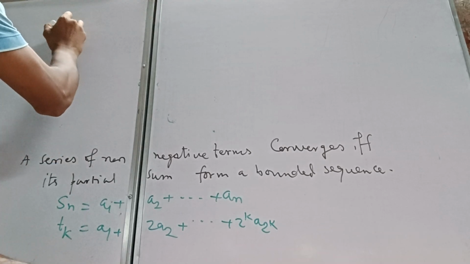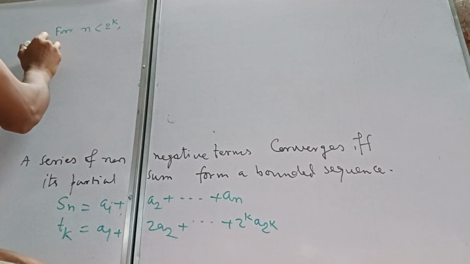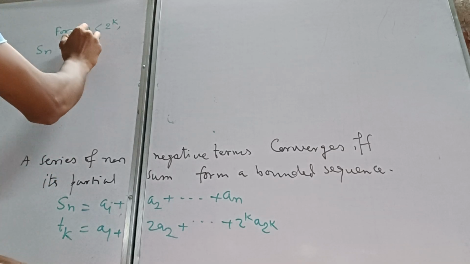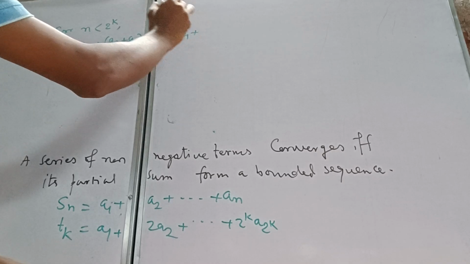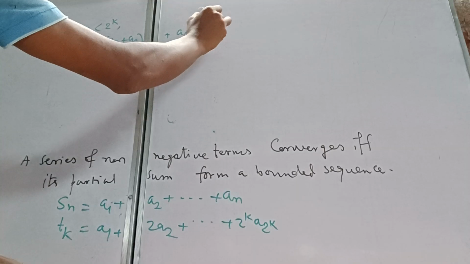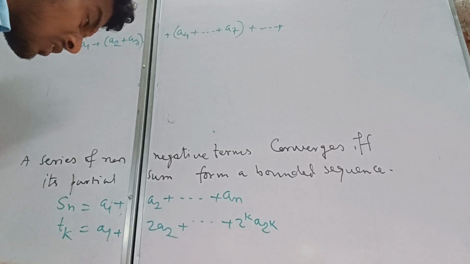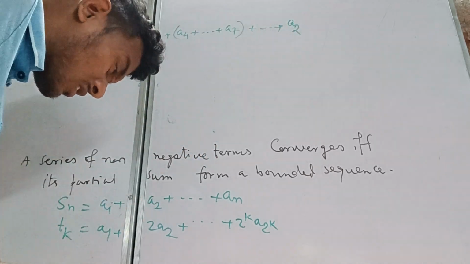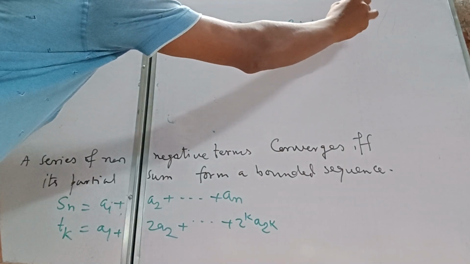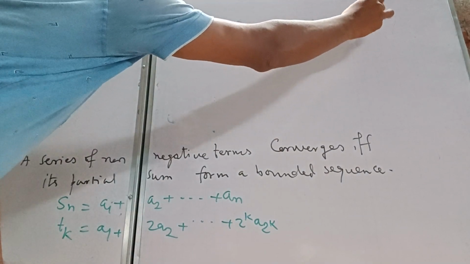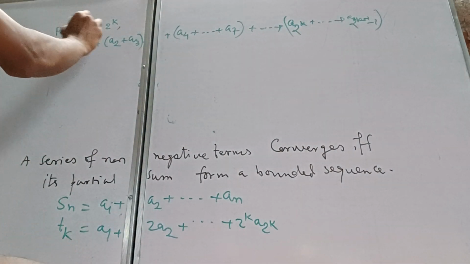Then for n less than 2 to the power k, we write Sn less than a1 plus a2 plus a3, okay, plus a4 plus dot dot dot plus a7, and in this way up to a_(2^k) plus dot dot dot plus a_(2^(k+1) minus 1), if n is less than 2 to the power k.